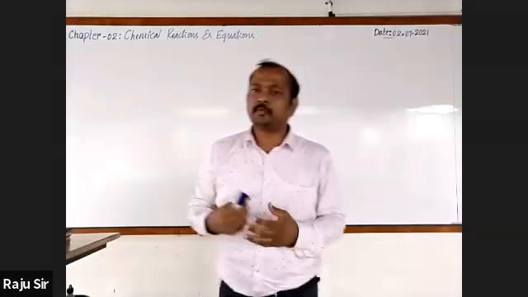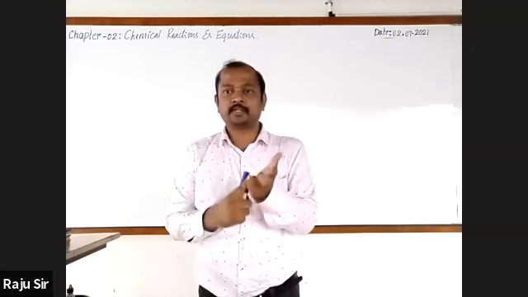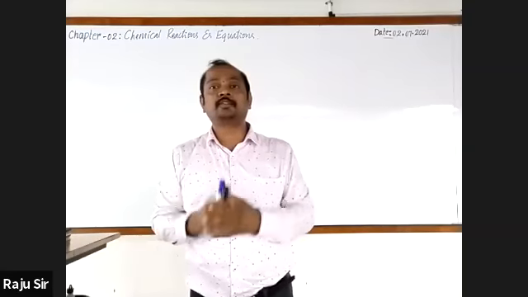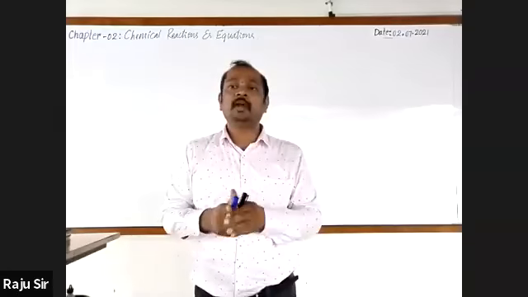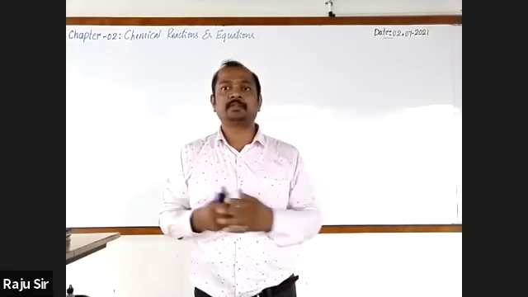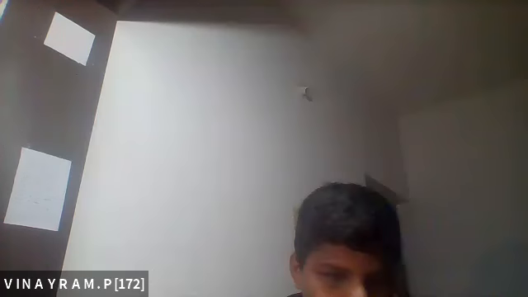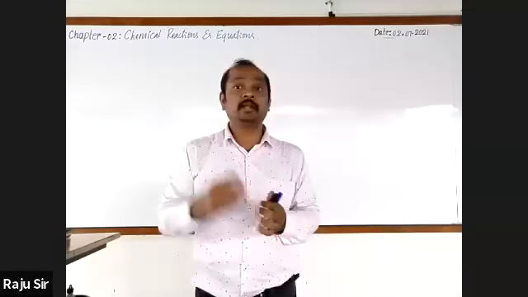Dear students, so far we have discussed oxidation, reduction, and redox reaction. And these reactions can also be seen in our day-to-day life. Some of these will also affect the metals. You may take an example of iron metal.